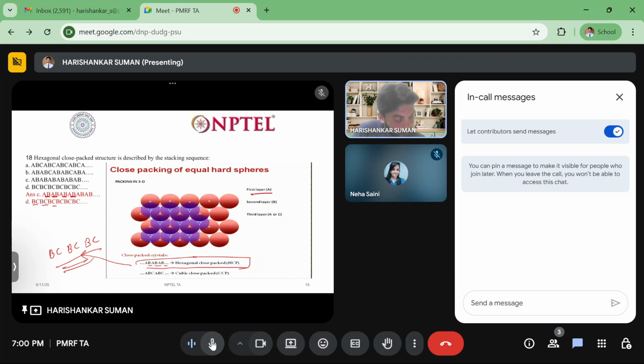First layer A, second layer B, third layer C, again A if it is cubic close-packed stacking. Otherwise the third layer will be A, or we can have B, C, then again B. So BC BC BC; if starting from AB, then AB AB.